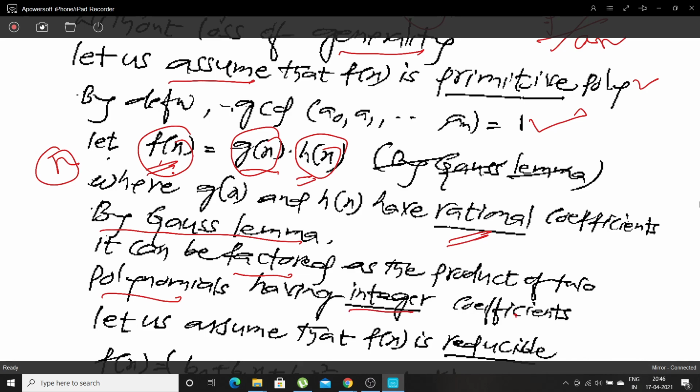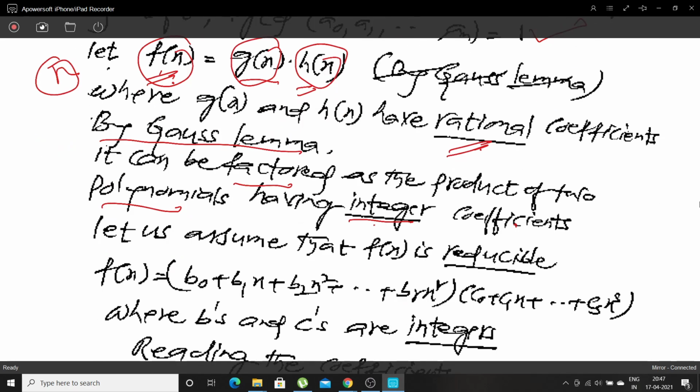Integer coefficients. Initially, listen to my words carefully, g of x and h of x are both polynomials with rational coefficients. When we make use of the Gauss lemma, these rational coefficients can be converted into what? Integer coefficients using the Gauss lemma.